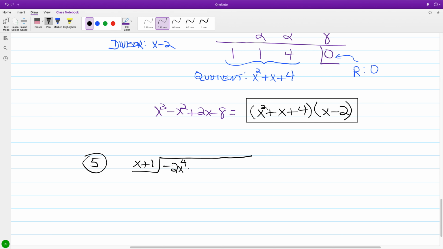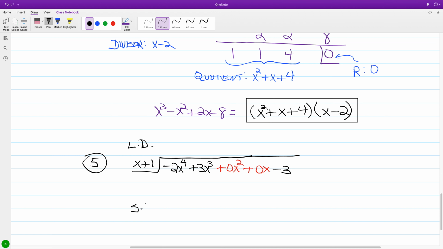The next term is 3x cubed. After that, we do not have an x squared term, so I will need a 0 placeholder. And since I do not have a first order x term, we'll use another 0 placeholder. We have minus 3 at the end. So this is what I have in the long division setup.